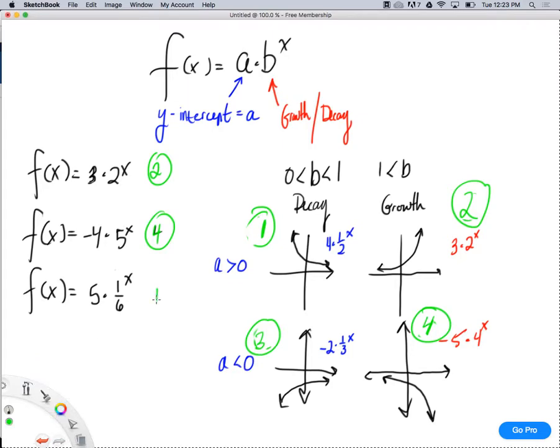And the last one I'll do, f of x equals negative 7 times 0.3 to the x. Which one does this correspond to, 1 through 4? Come on, everyone. I want to see everyone's fingers. Good. Well, it's negative, so it's on the negative part of the x-axis. And it's less than 1, so it's decay. So it looks like that.